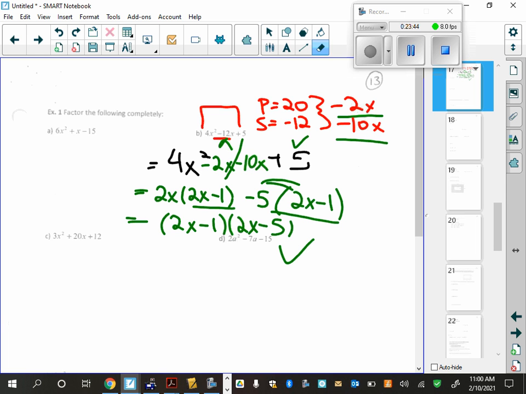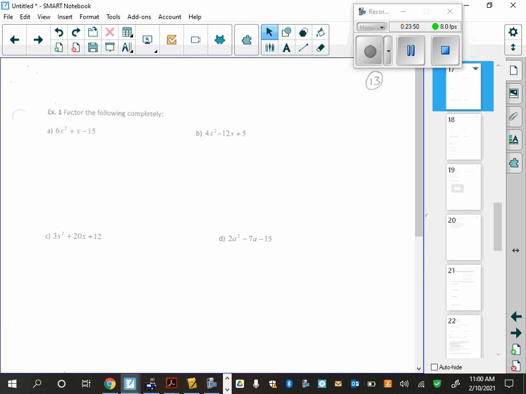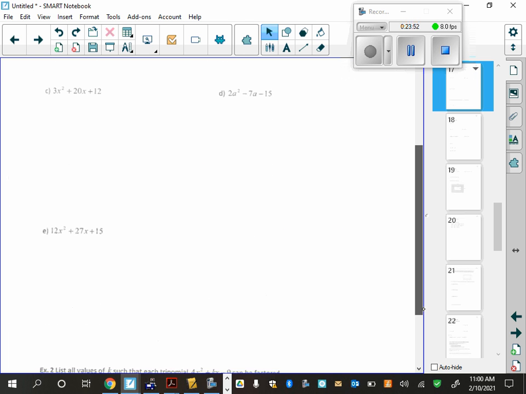Anyone still writing this down? I'll give you another minute to do the sum product part. Find the two numbers that multiply to this and add to this, and then those are the x middle terms. Those are the x's you're going to create.